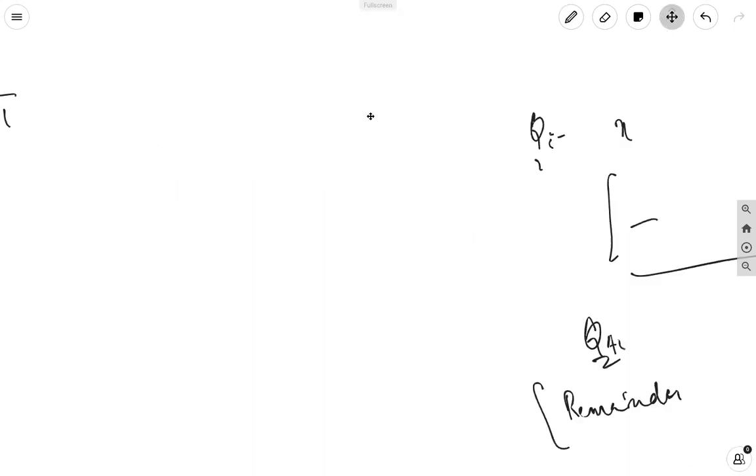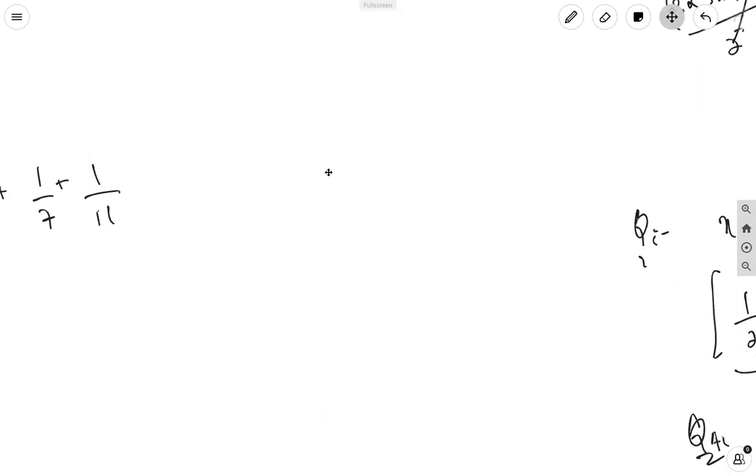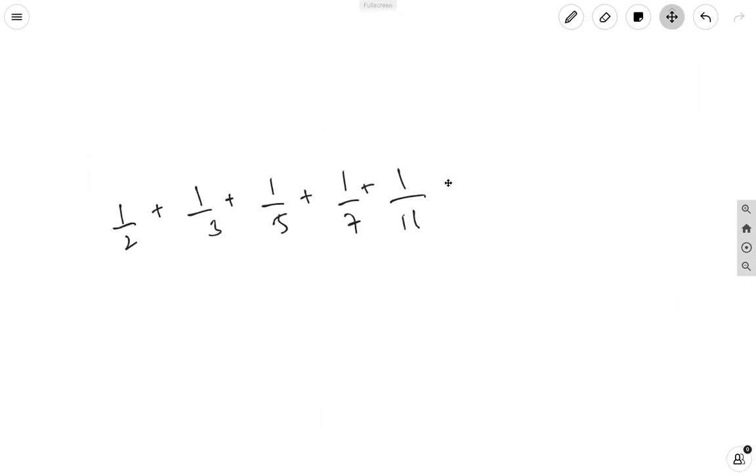Okay, let me completely solve this question again now. We have 1 over 2 plus 1 over 3 plus 1 over 5 plus 1 over 7 plus 1 by 11, right? We have 1 over 11 in the question, right? This equals x by 2 into 3 into 5 into 7 into 11, right? This was the question.